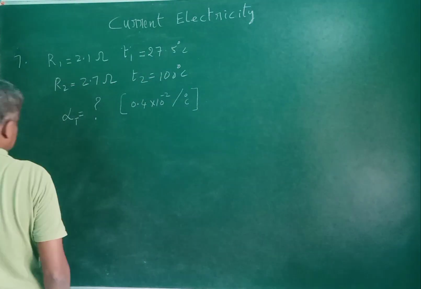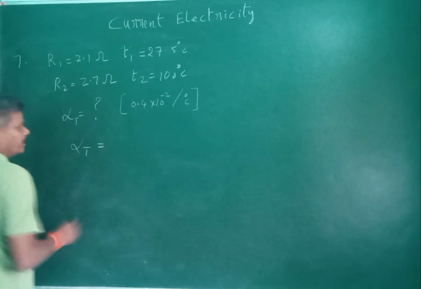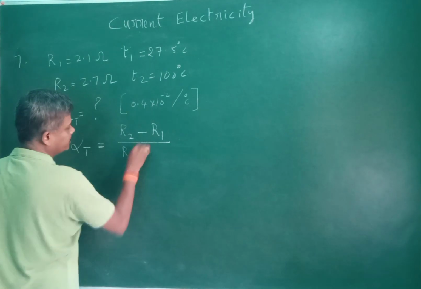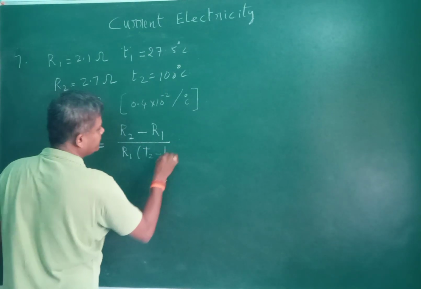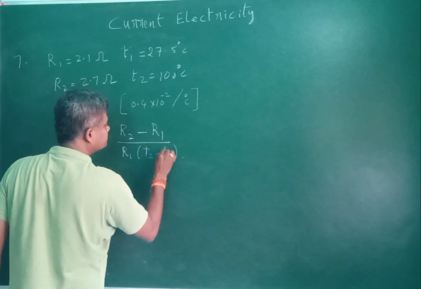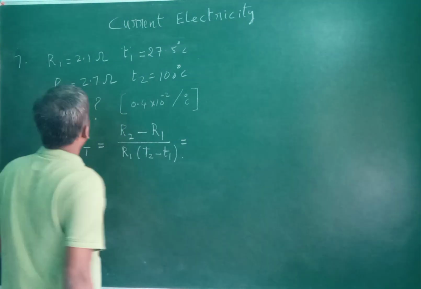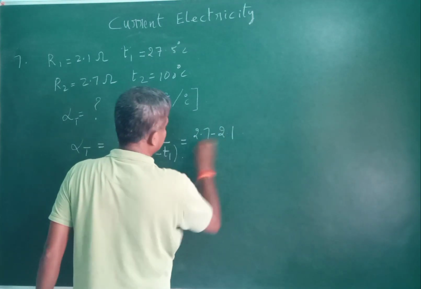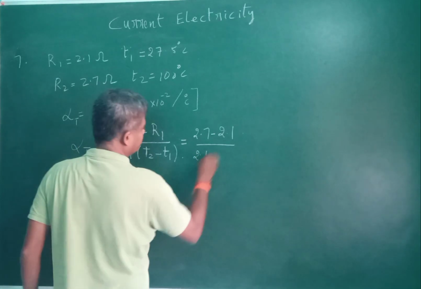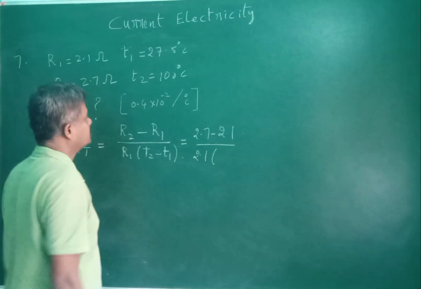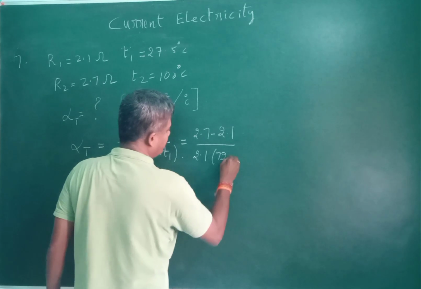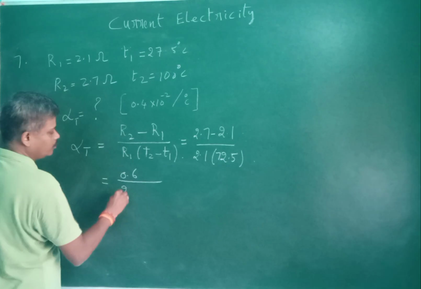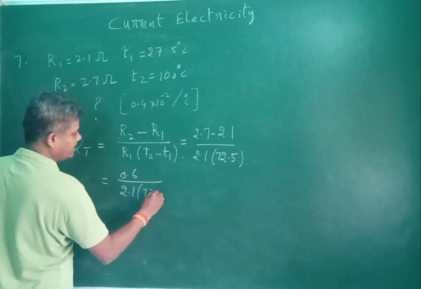The temperature coefficient alpha T is given by R2 minus R1 divided by R1 into T2 minus T1, that is equal to 2.7 minus 2.1 divided by 2.1 into 100 minus 27.5, that is 72.5, that is equal to 0.6 divided by 2.1 into 72.5.